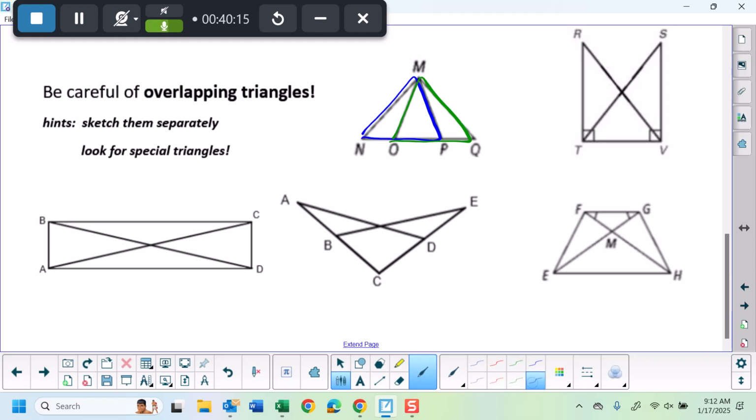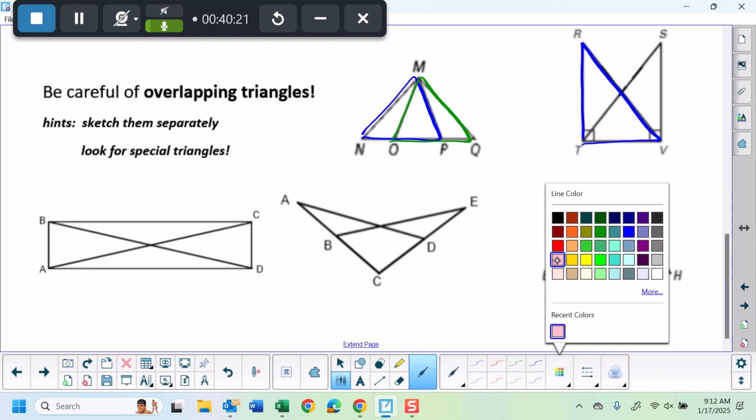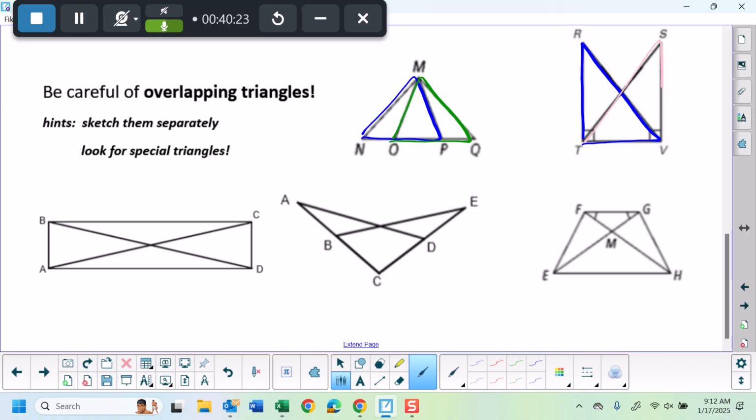When you're looking at these overlapping triangles, it's interesting because you get shared sides a lot. So you can see there that TV is congruent to itself. But what's definitely confusing is at these angles, are you looking at the right angle or are you looking at these smaller angle measures that are here for each of those triangles?